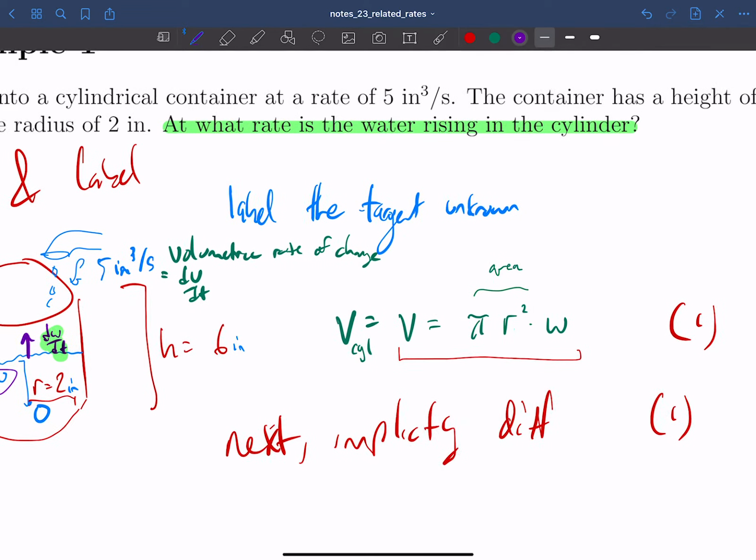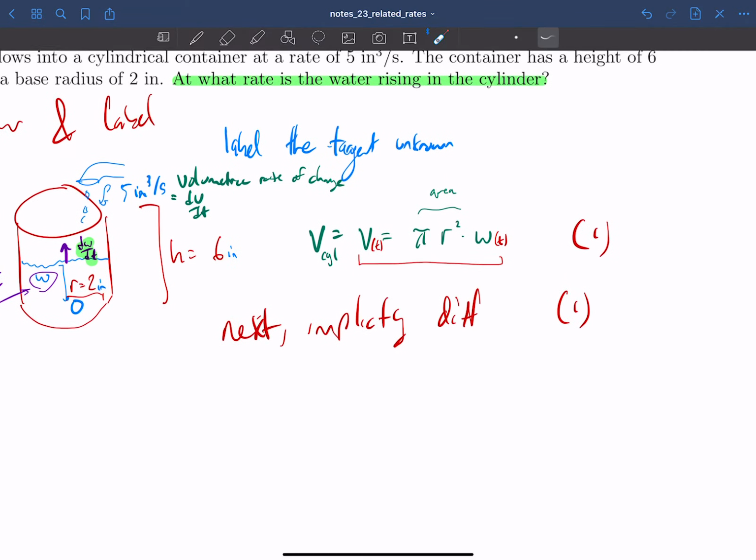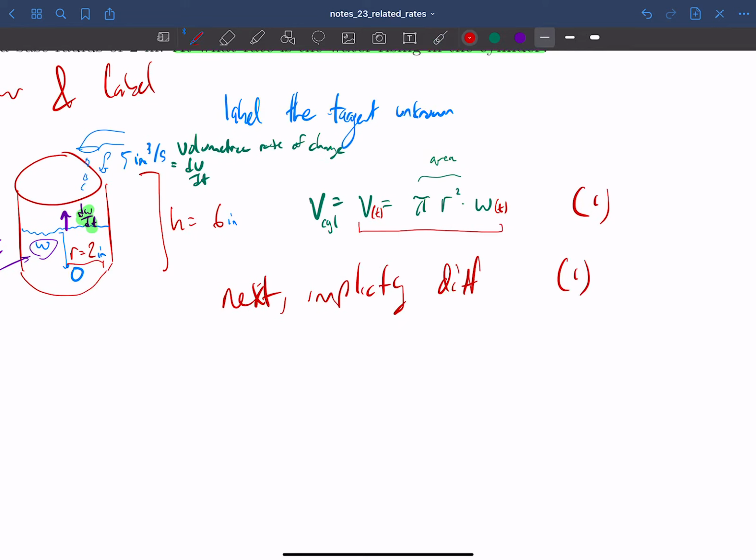You might find it helpful to note that volume is a function of time and W is a function of time. Those things are both changing. The amount of volume in the cylinder is changing, as is the depth of the water. And the radius right here is a constant. So let's implicitly differentiate number 1, and we will get number 2.